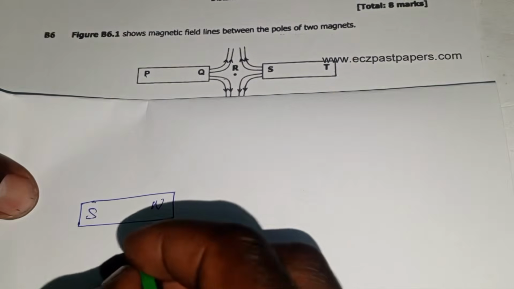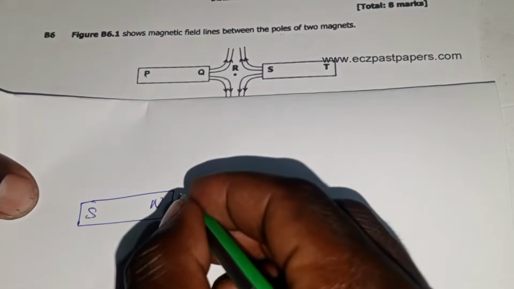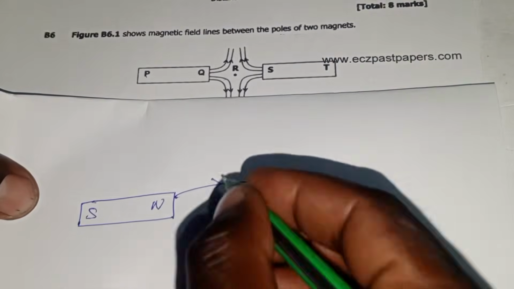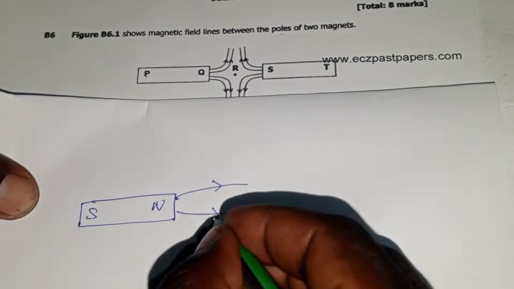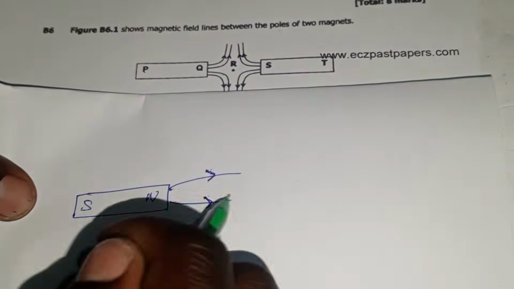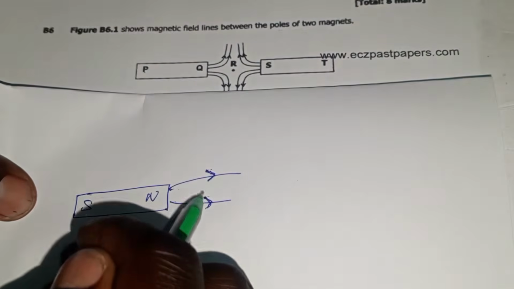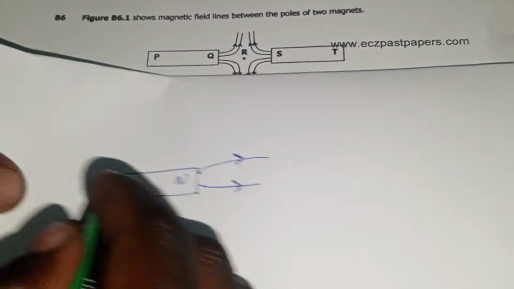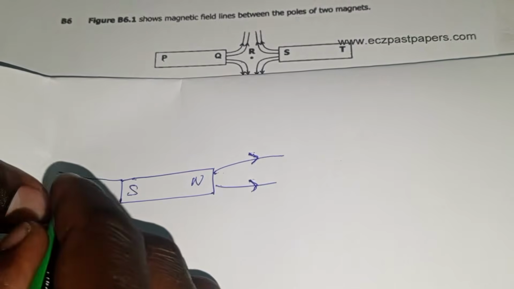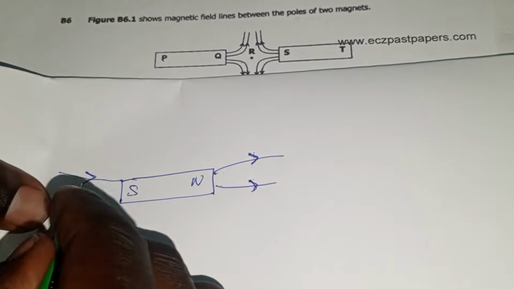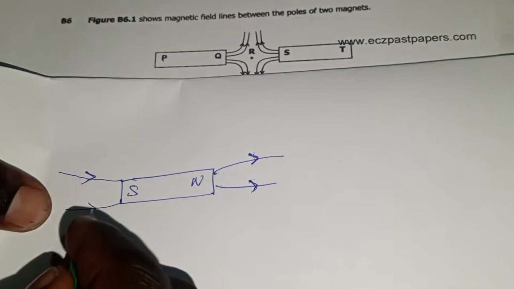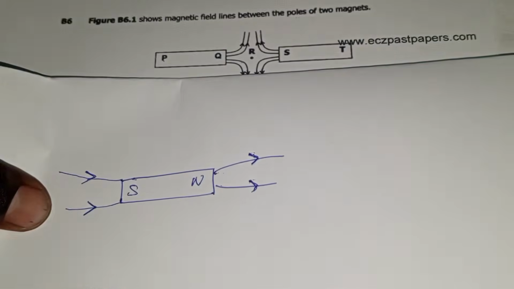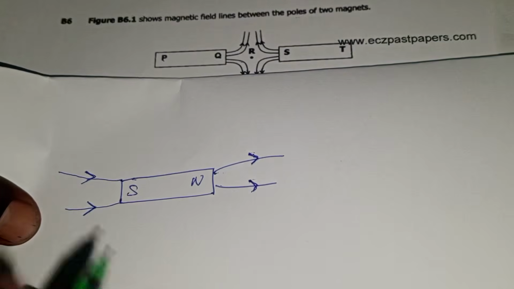One of the ways you'll identify the north pole is that it releases magnetic field lines, so you'll have something like this. The south pole, we can say, receives the magnetic field lines.